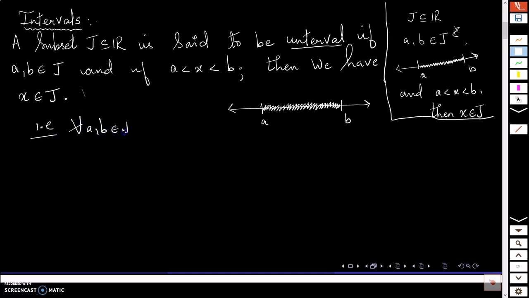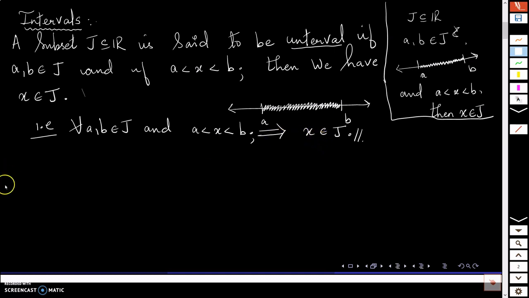For all points a, b in J and X lying between A and B, where X is a real number, this implies X is there in J. If this condition is satisfied, then we say that J is an interval.